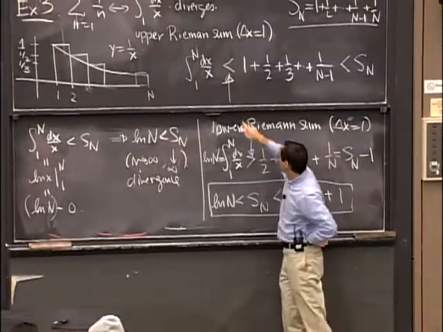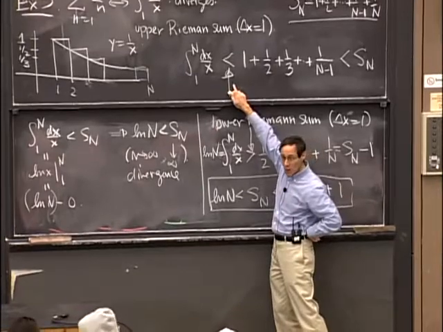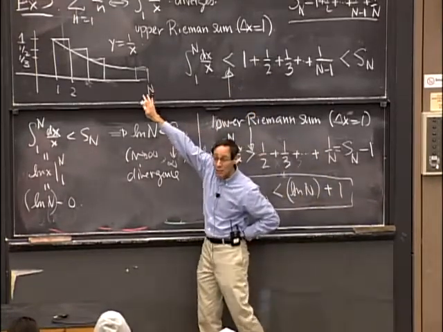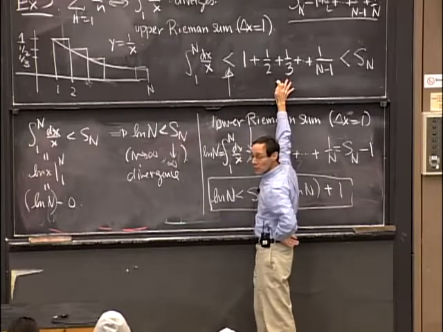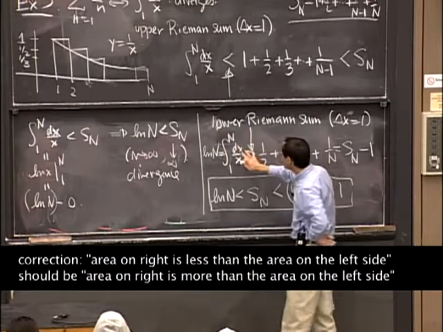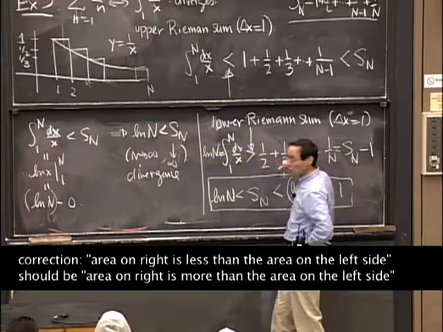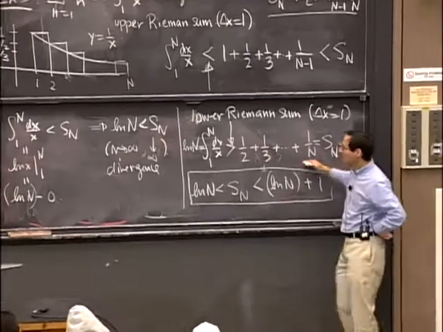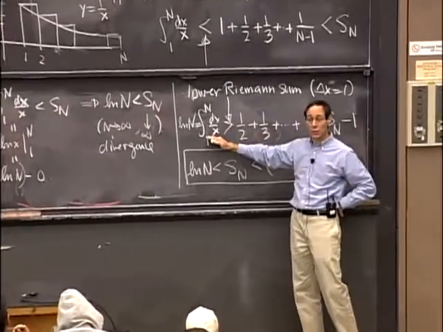It's the same type of argument. And in this case, it's that the rectangles are on top. And so the area represented on the right-hand side is less than the area represented on this side. And this is the same type of thing, except that the rectangles are underneath. So the sum of the areas of the rectangles is less than the area under the curve.